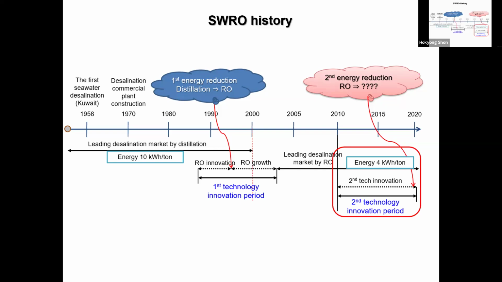Same as that, the pressure exchanger was developed in 1997. Then the overall energy consumption went down. Since then, from 2000, reverse osmosis has continuously grown. Now in every desalination plant, even in Australia, reverse osmosis is dominant because compared to boiling it is much cheaper than the distillation process.